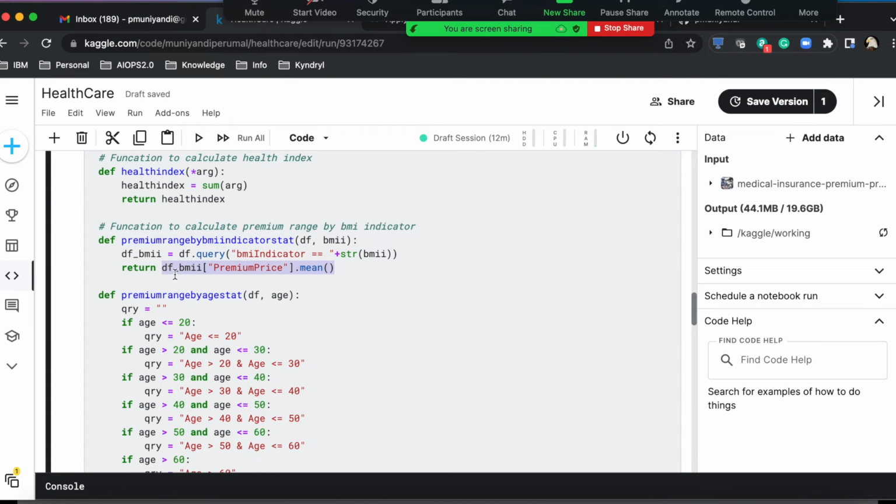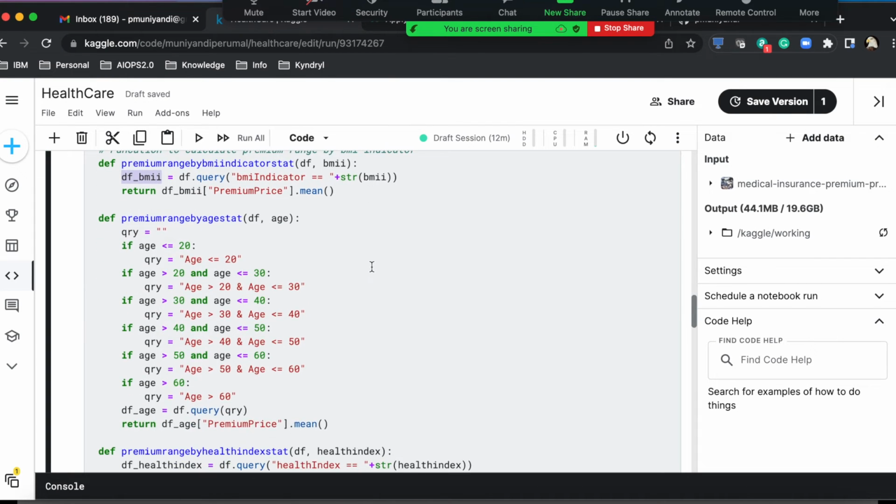Mean means it will sum all the underweight people's premium and then give the average for that particular premium. So I'll get the average premium for the person based on the BMI index. Same thing with age.